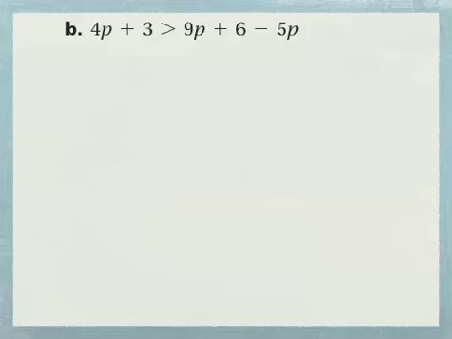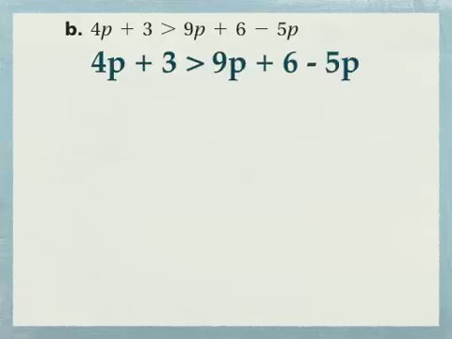In example B, we have 4p plus 3 is greater than 9p plus 6 minus 5p. Notice on the right side of this inequality I have two variable terms, so before I can combine on either side of the inequality sign, I'm going to combine my 9p and my negative 5p.